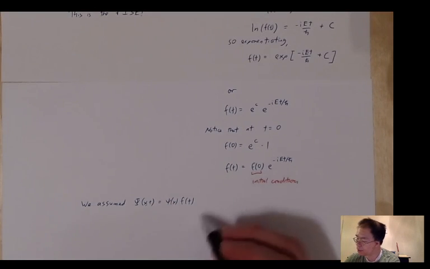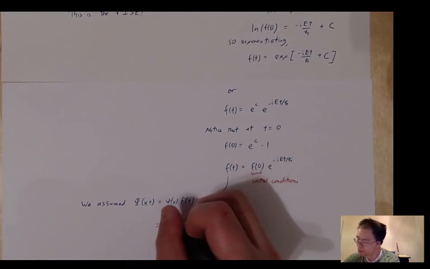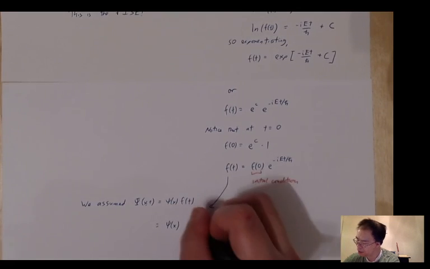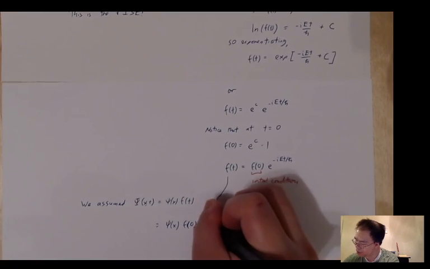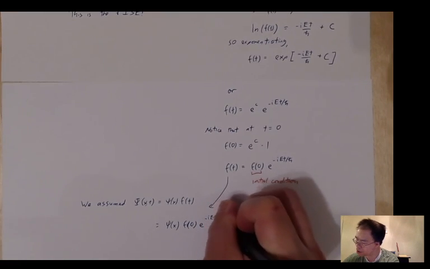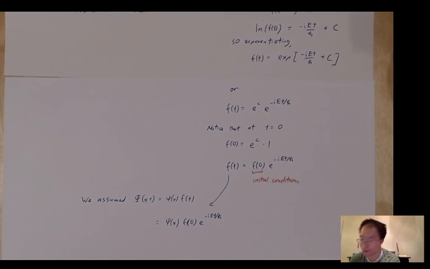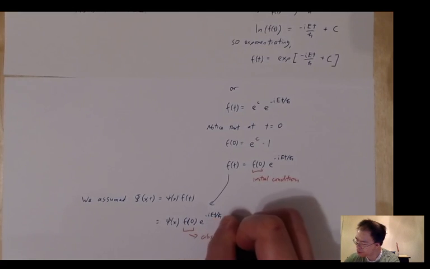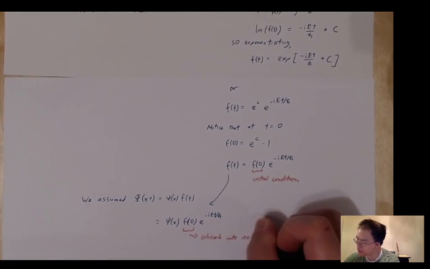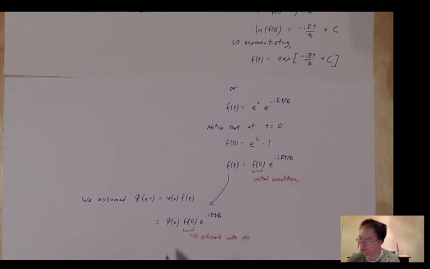Plugging in f here, that's my psi of x, my f of 0, times e to the minus i E t over h bar. Now the last bit is to realize that this constant you can just absorb into the normalizing constant, whatever factor has to appear in the wave function in order for it to be properly normalized.